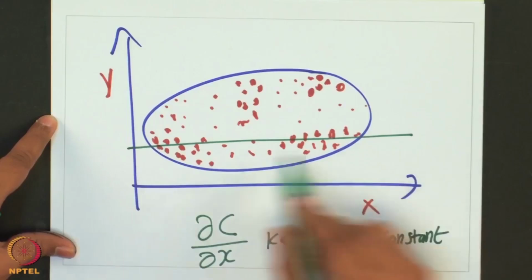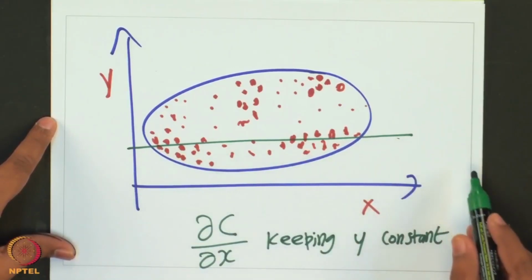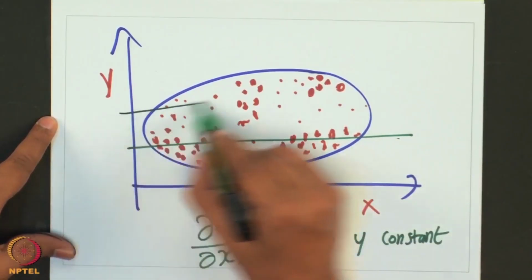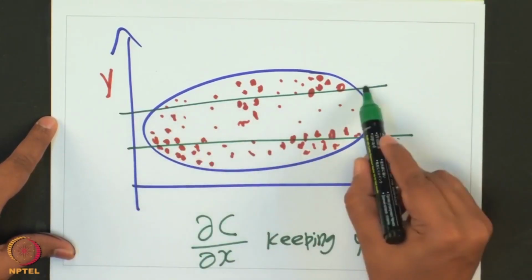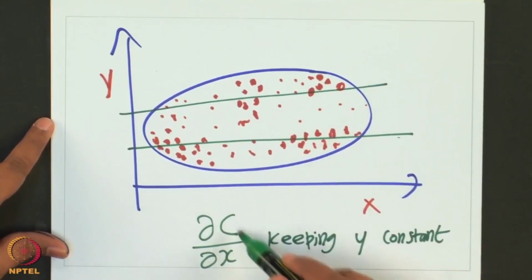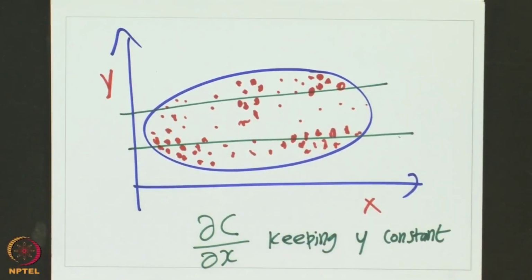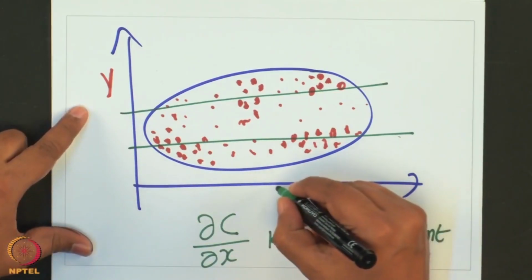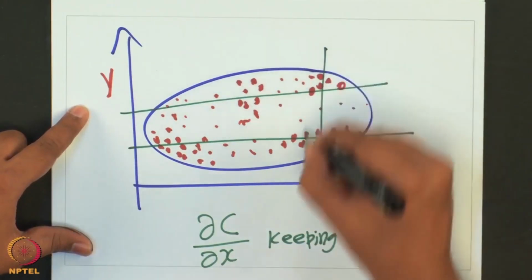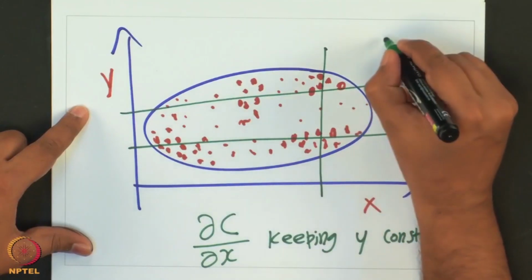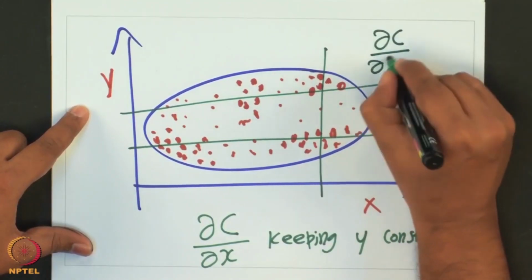I take a y value and I look at how the concentration changes along x. I can take another y value and then look at how the concentration changes as I go along the x-axis. So this is represented by del C by del x. Sometimes you would want the opposite, where you take some particular x value. At this particular x value, you would want to see how the concentration changes as I go along y. So here I would want to calculate del C by del y.